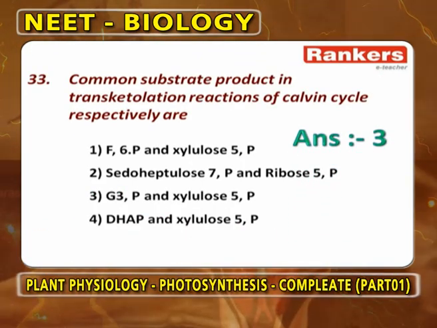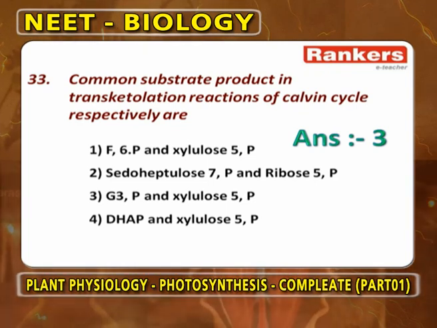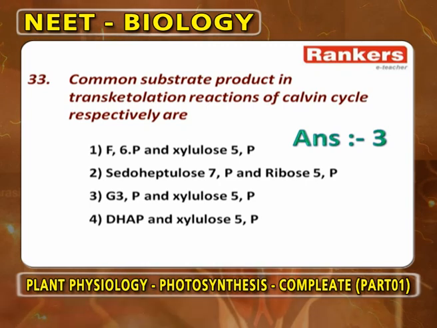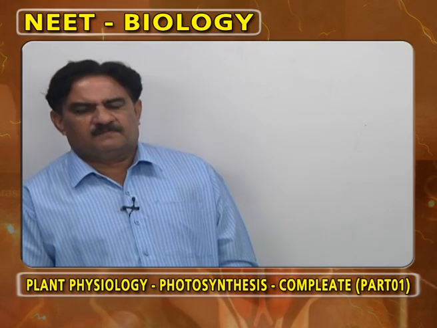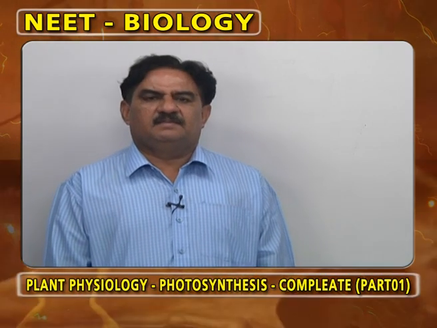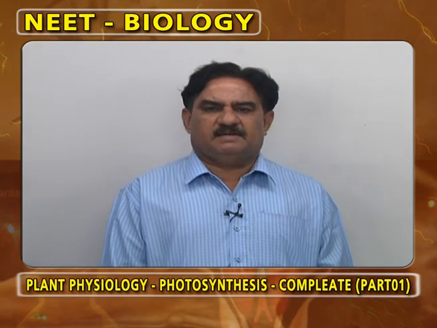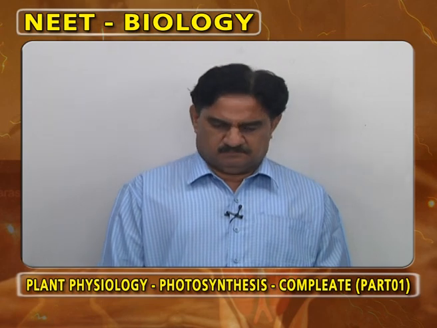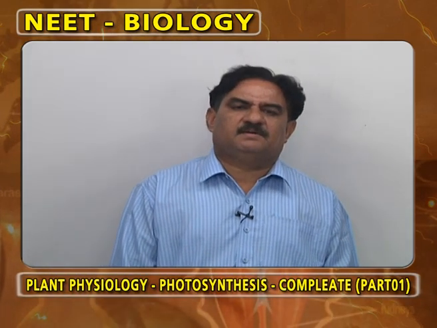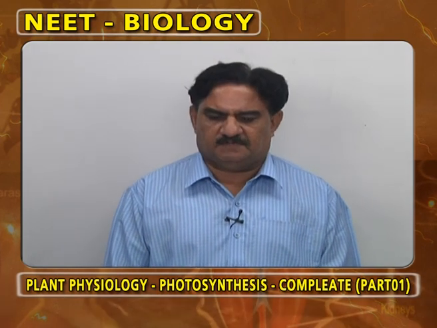Substrate and product in the transketolation reaction of the Calvin cycle, respectively. Whenever fructose 6-phosphate combines with glyceraldehyde 3-phosphate in the presence of transketolase enzyme, the 5-carbon compound xylulose 5-phosphate is formed, and the 4-carbon compound erythrose 4-phosphate is formed.